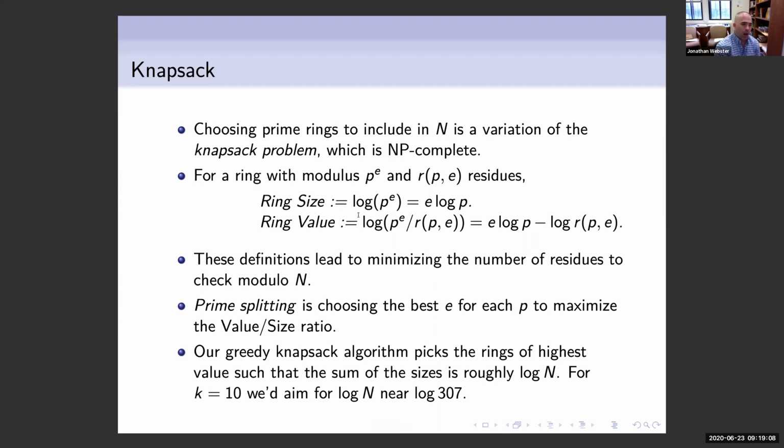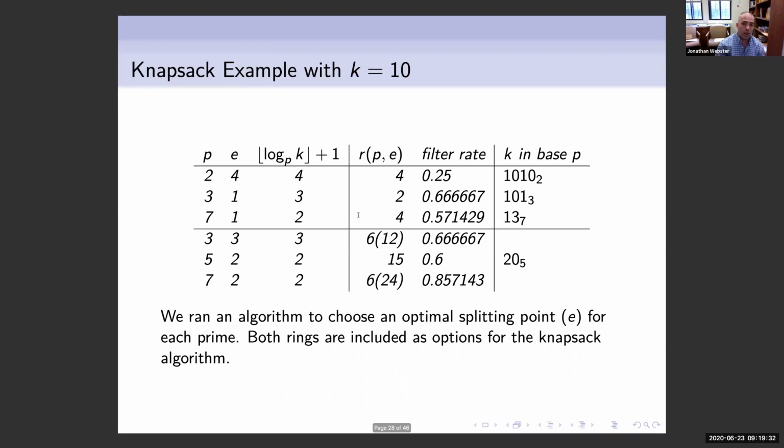So once we have our way of evaluating a given prime power, our approach is really simple. It's just to use the greedy algorithm. And it seemed to work well, but this is a knapsack problem, and we know that in theory it can be very difficult to solve optimally, but the greedy algorithm seems to work.